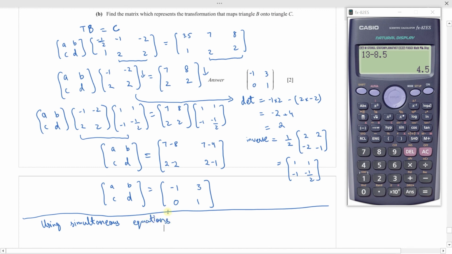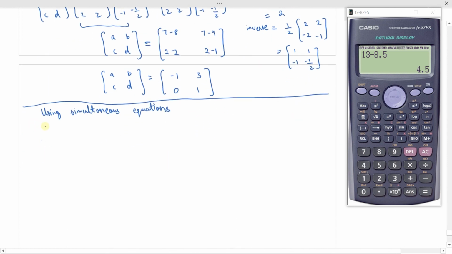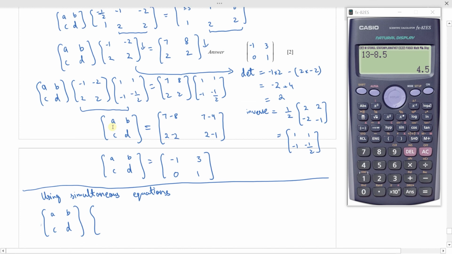So let me rewrite this part here. T times B gives you triangle C. So again, same thing. A, B, C, D, and then you're multiplying it with triangle B, which is this one here.